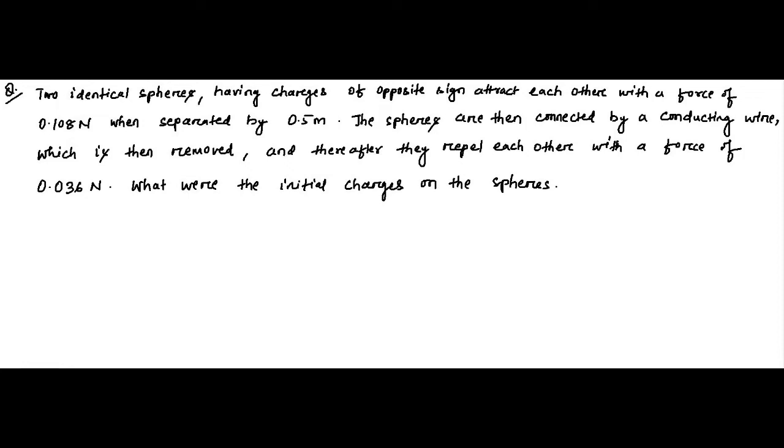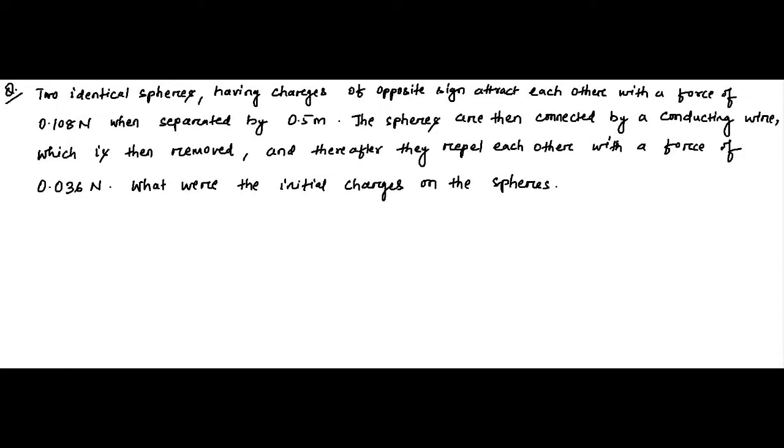The spheres are then connected by a conducting wire, which is then removed. Thereafter those two spheres, separated by the same distance of 0.5 meter, repel each other with a force of 0.036 Newton. First it was attracting, now they are repelling each other. What were the initial charges on the spheres?